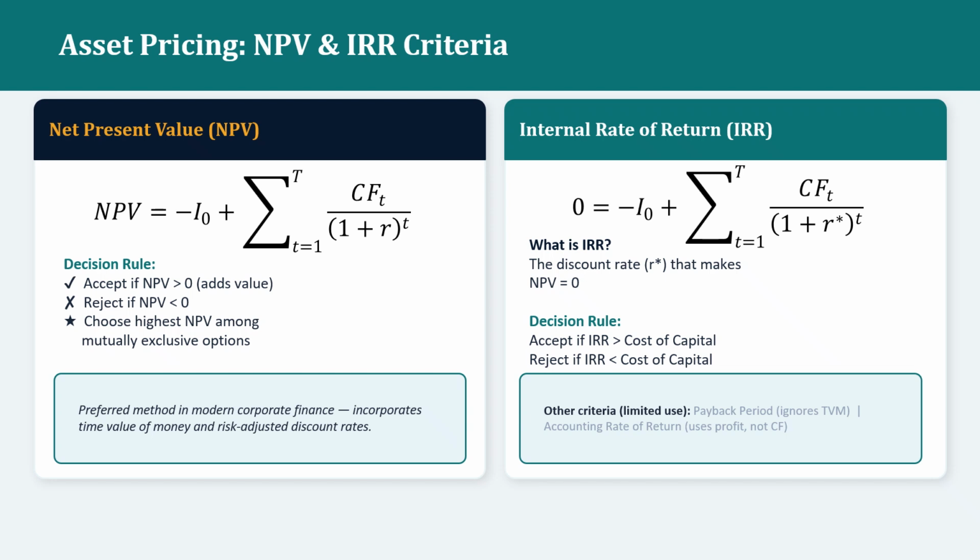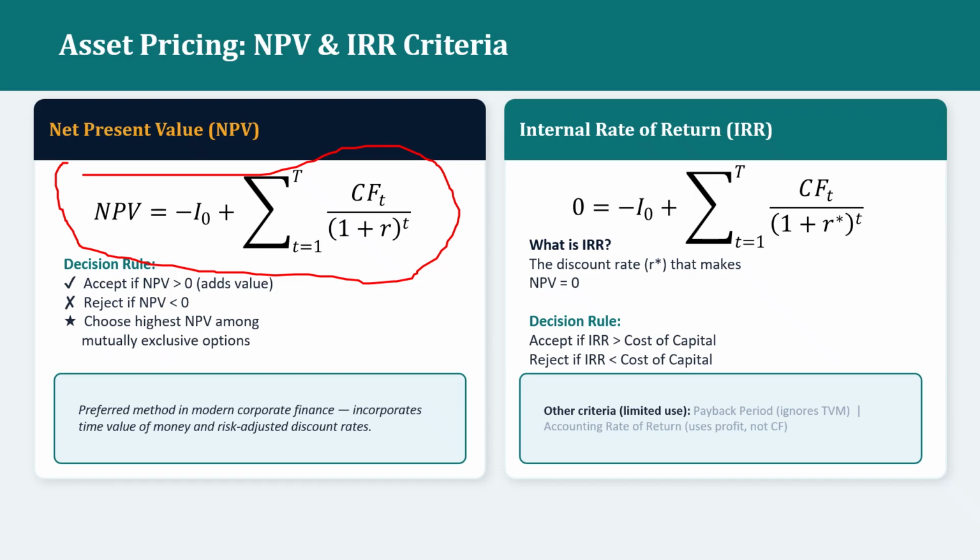Now, mathematically, this is given by this particular formula: NPV equals minus the initial investment plus the present value of the project. If NPV is greater than zero, the project is adding value to the firm.